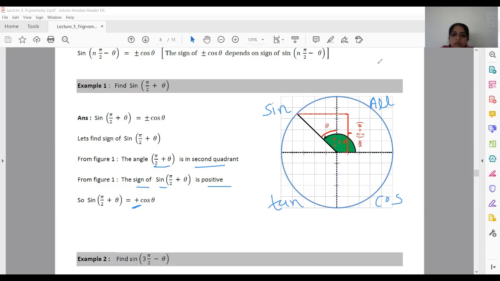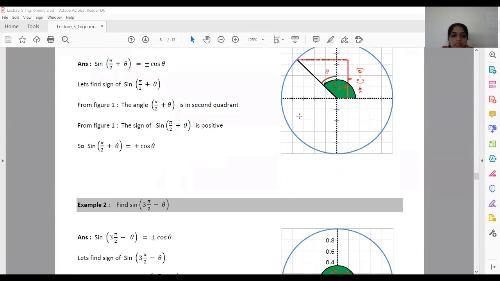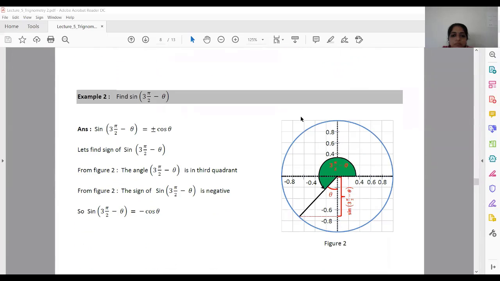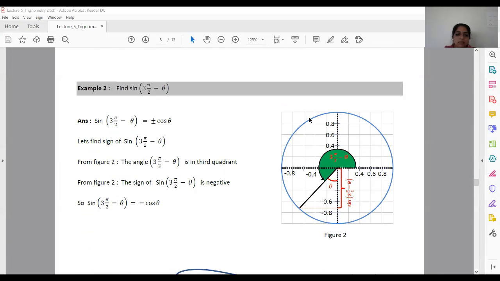Similarly, let's move with one more example: sin 3 pi by 2 minus theta. Here we have pi by 2, so our sin function will convert into cos. But what about the sign of this cos, plus or minus? For that, let's use figure 2.